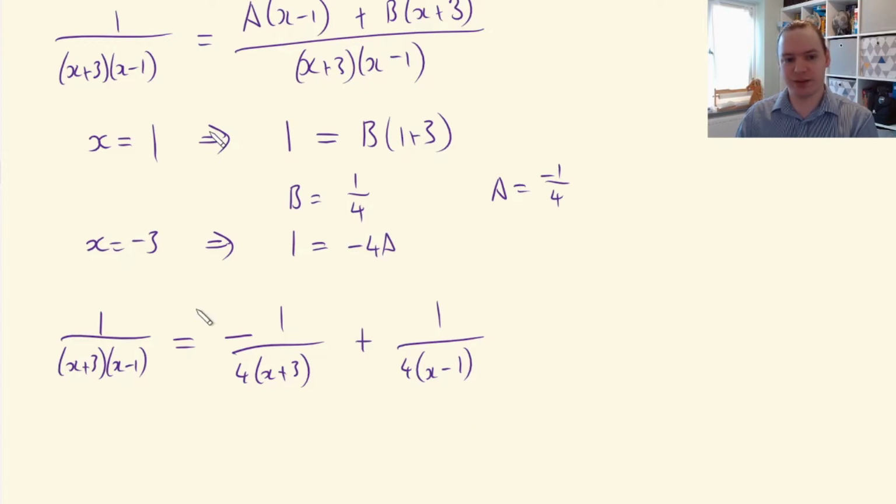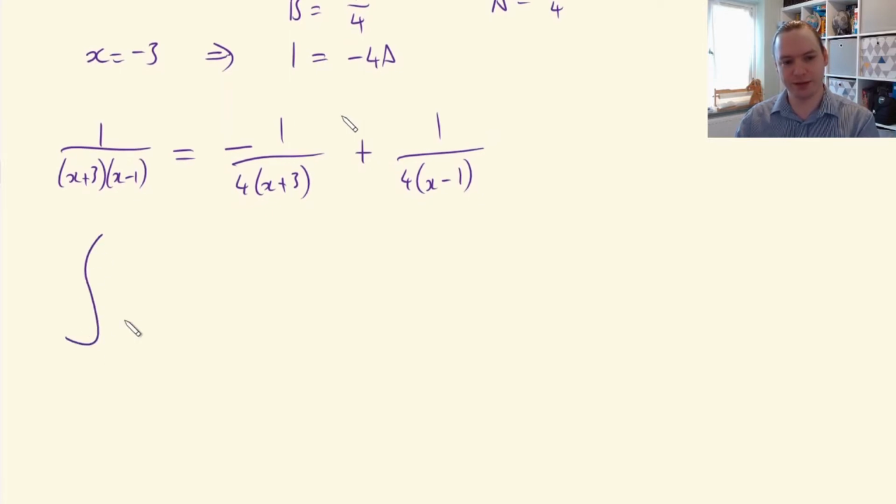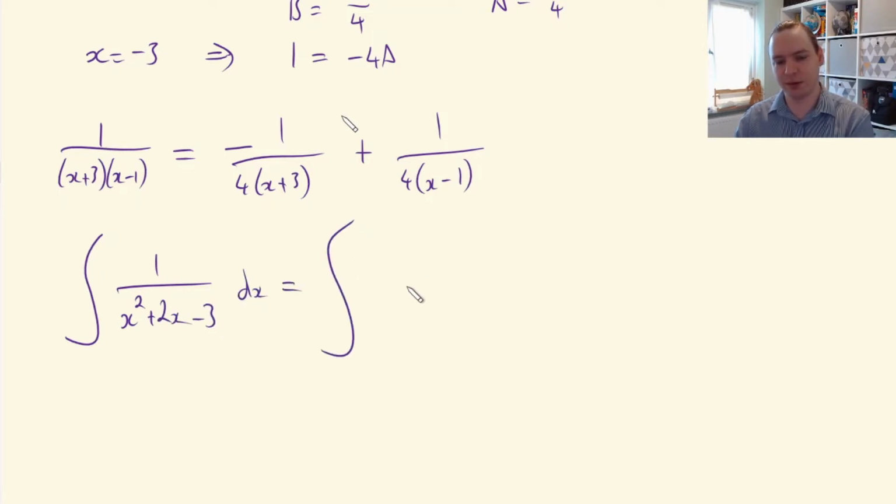And now we're ready to integrate, because if I want to integrate this expression on the left, that's the same as integrating the expression on the right. So what we now have is that the integral of 1 over x squared plus 2x minus 3 is the integral of negative 1 over 4 x plus 3 plus 1 over 4 x minus 1.